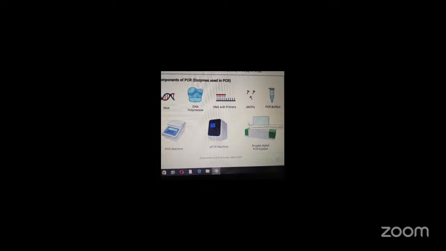So it is a non-culture based nucleic acid cloning technique. We can quickly produce billions of copies of a single segment of DNA or RNA using the PCR technique. It is a temperature-dependent cyclic process, and by the end of the 20th to 25th cycle, over a million copies of the target nucleic acid segment will be produced.